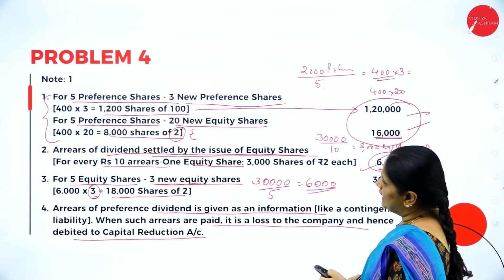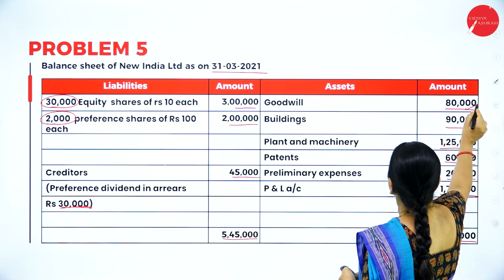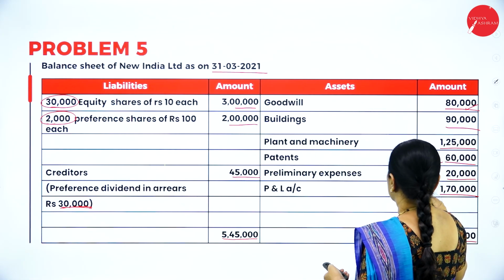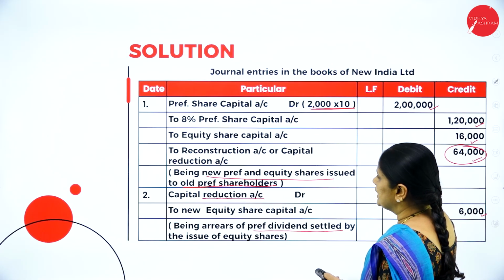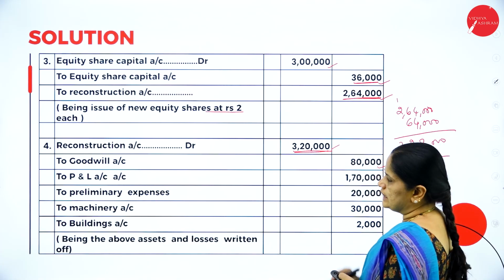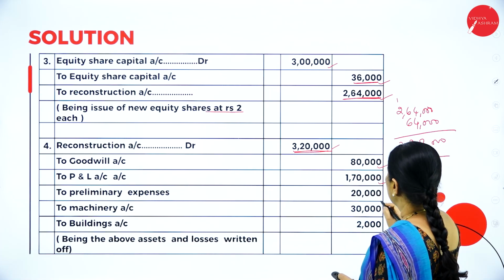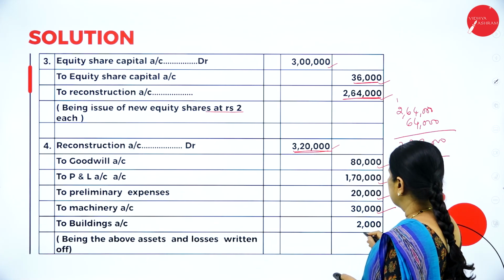You can see in the balance sheet here. What is the value of goodwill here? 80,000. Then patent 60,000, preliminary expenses and profit and loss account. So you write off the value of goodwill 80,000, profit and loss account 1,70,000, preliminary expenses 20,000, machinery account 30,000.